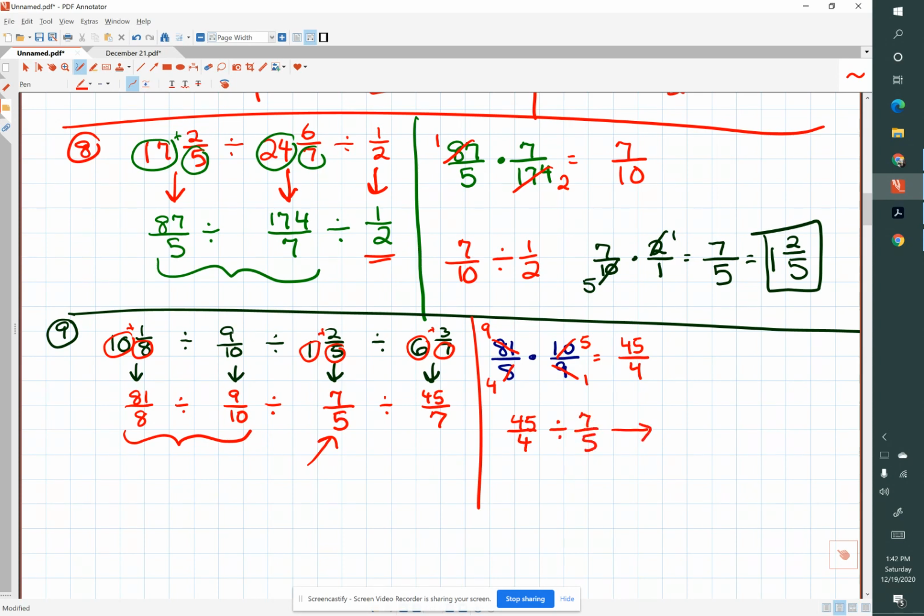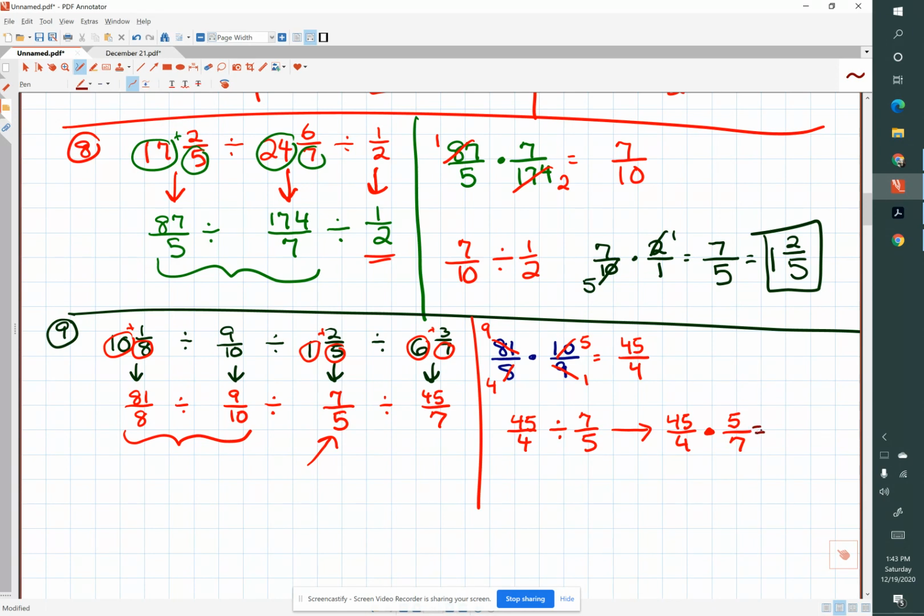So now we'll go with the third fraction, 45 over 4 divided by 7 over 5. And to accomplish this, we will keep the first fraction, change the division to multiplication, and flip the second fraction. And 5 and 4 cannot be simplified, but 7, let's see, nope, 7 is not a factor of 45.